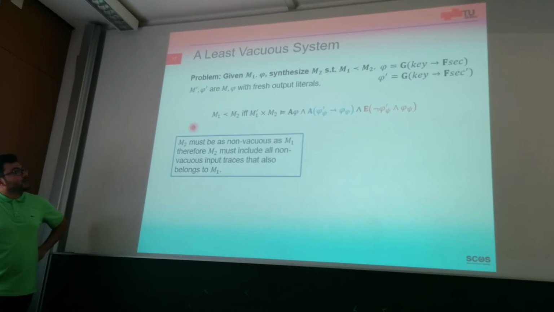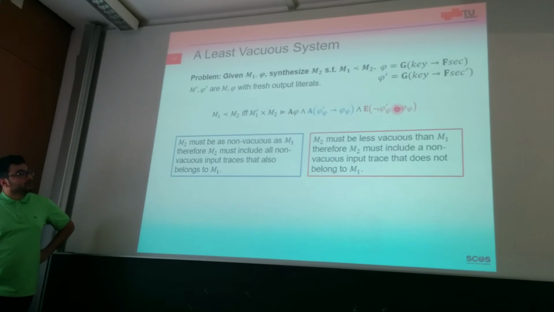M1 is strictly less vacuous than M2 if and only if this synchronous product satisfies this formula. This blue part says M2 must be as non-vacuous as M1. That means all witness traces of M1 should also be included in M2. So that red part makes M2 strictly less vacuous.